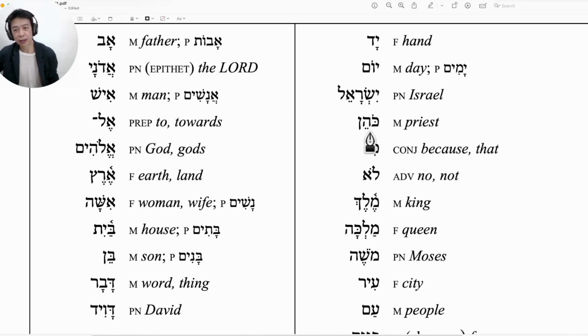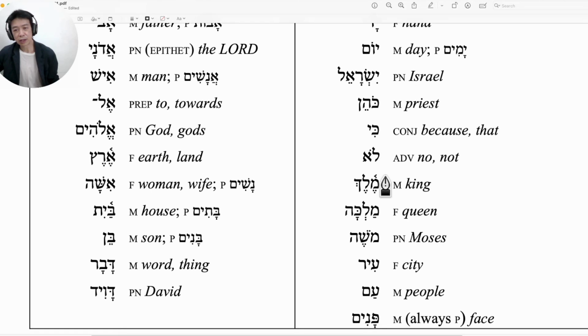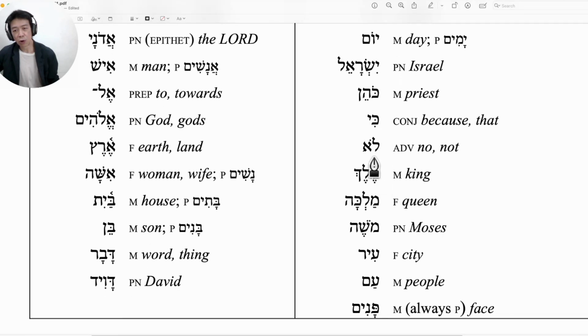The next word is Kohen. It means priest. The next one is a conjunction. It means because or that. It's pronounced as ki. The next word is lo. It means no or not.